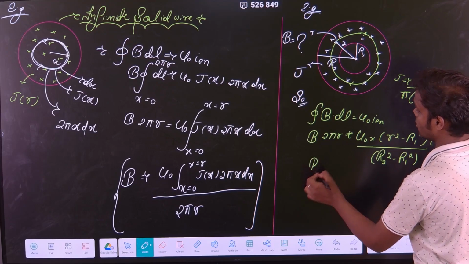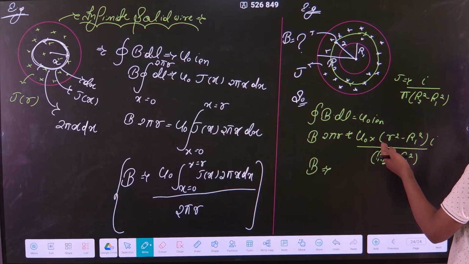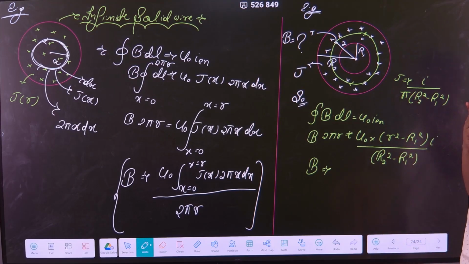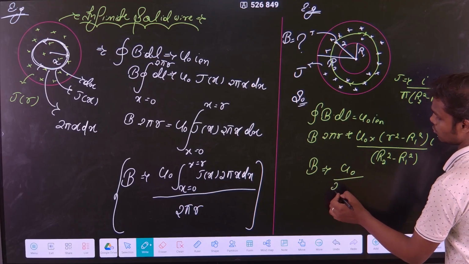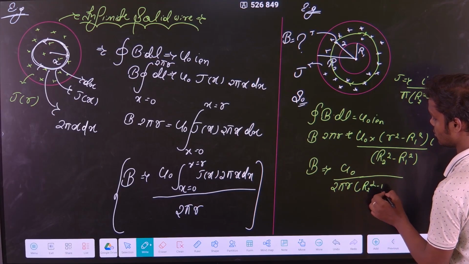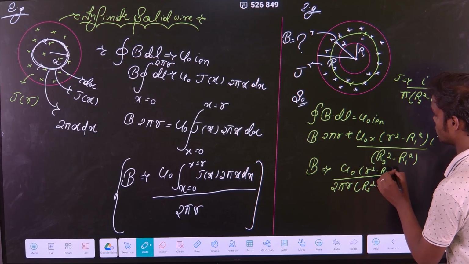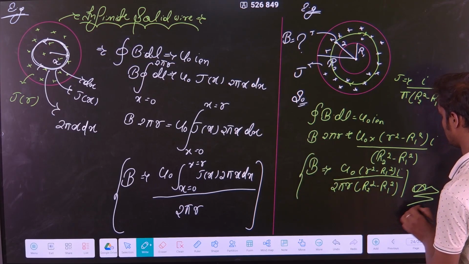So from here you will get the magnetic field, pi will cancel out, and you will get mu naught times (r square minus r1 square) times I divided by 2 pi small r times (r2 square minus r1 square). So that is the answer.